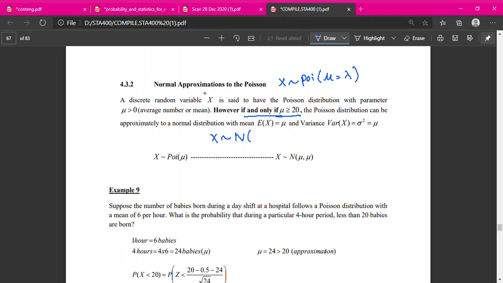So, kalau normal, kita perlukan mu dan kita perlukan sigma square. Kat sini kita cari mean untuk Poisson lah. Mean untuk Poisson adalah mu ataupun lambda. Dan variance untuk Poisson is also mu ataupun lambda.